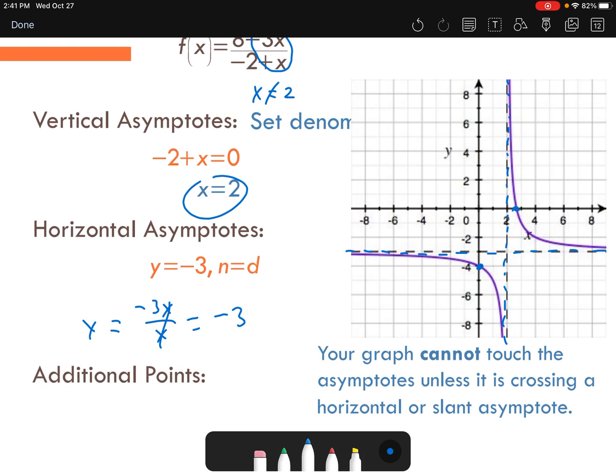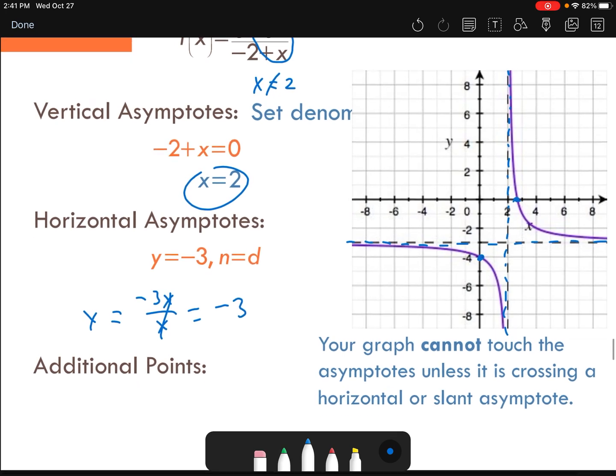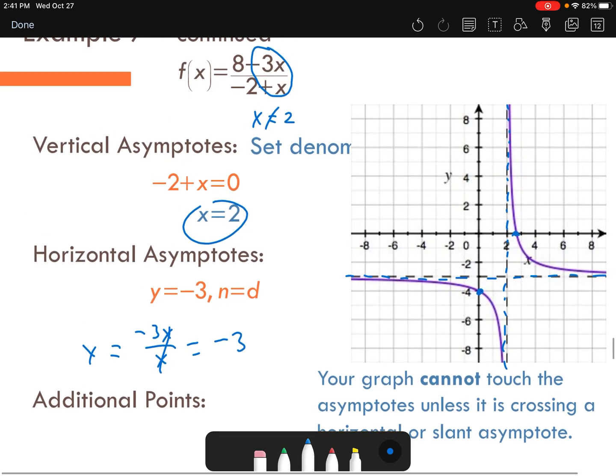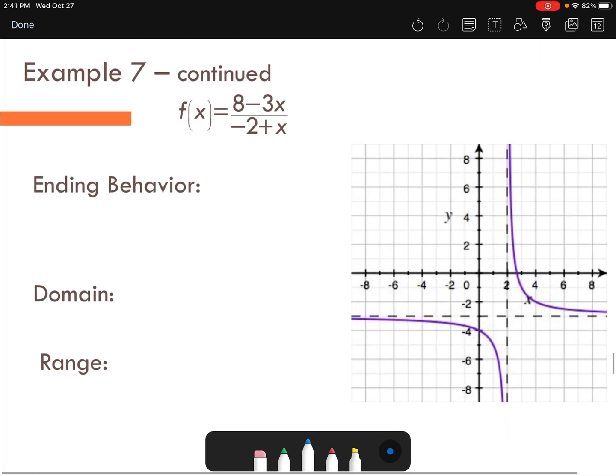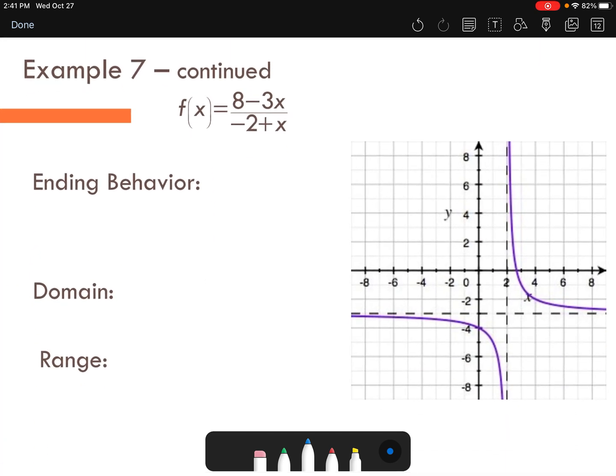But we can tell it's going to be one of these shapes to the right and to the left. I know I should have done this by hand, but I wanted to show a clear version of it. So that is what it would look like.